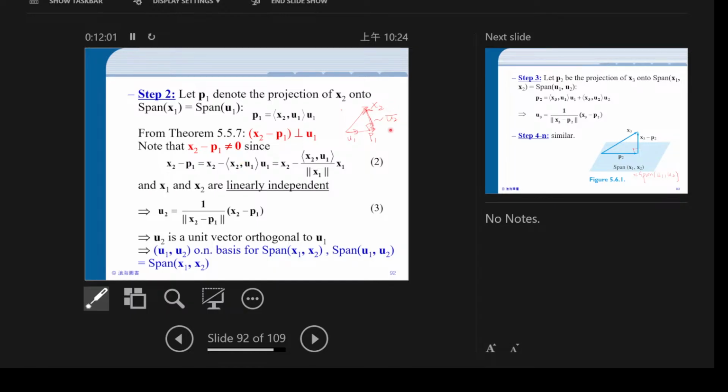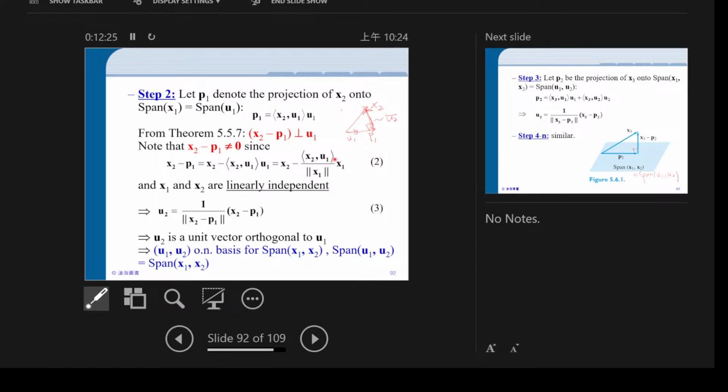We know this u2 bar is already orthogonal to u1, and if you normalize this u2 bar, it will remain orthogonal to u1. And u2 bar will be non-zero because x2 and x1 are linearly independent of each other. Okay.